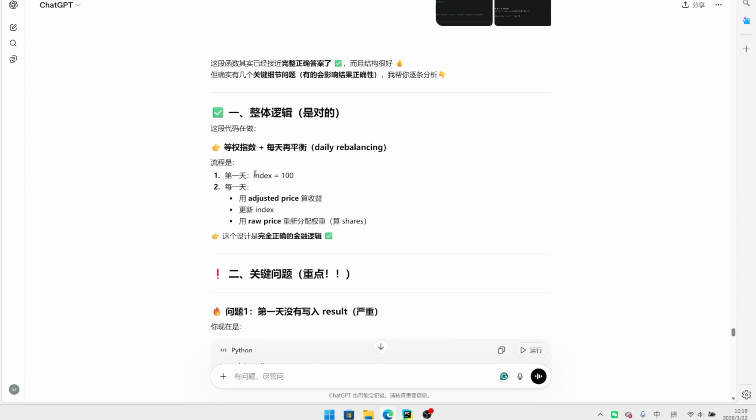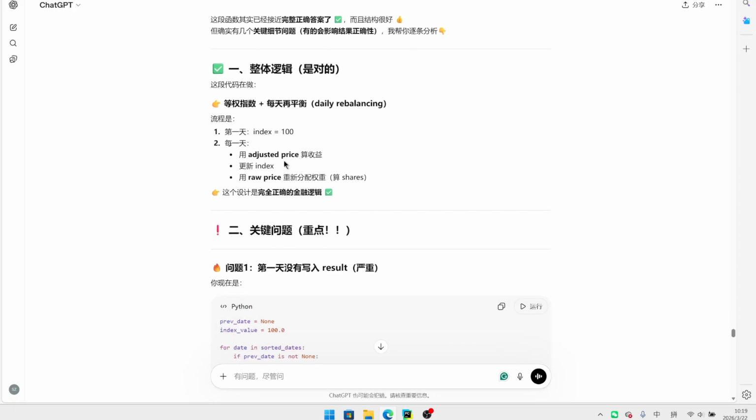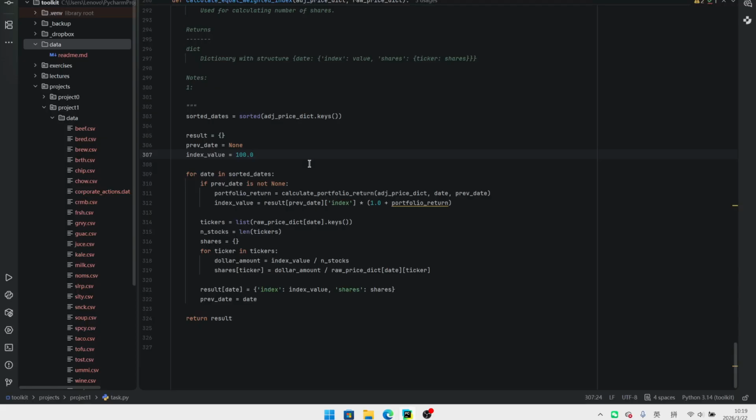Daily balancing first uses adjust price in the real, use the real flow to see a share. And the next day we have updating the file. No, not file. Updating the index.